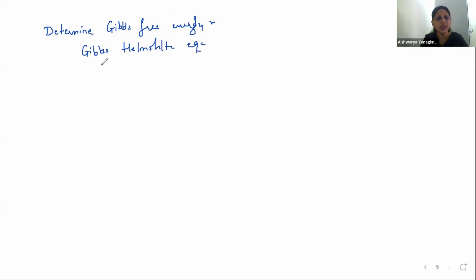What was this equation? Let us see the equation. Delta G is equal to delta H minus T delta S. A fantastic, super duper equation. So delta G is equal to delta H minus T delta S.